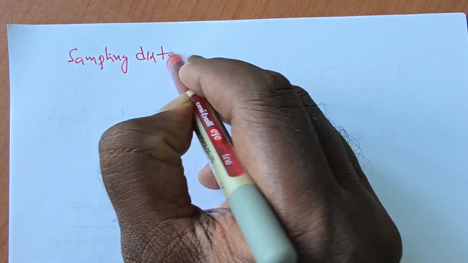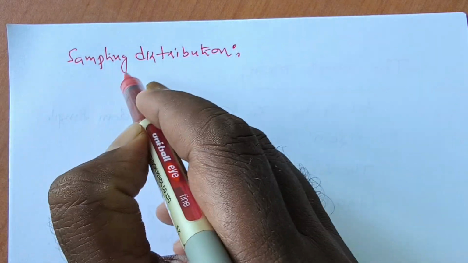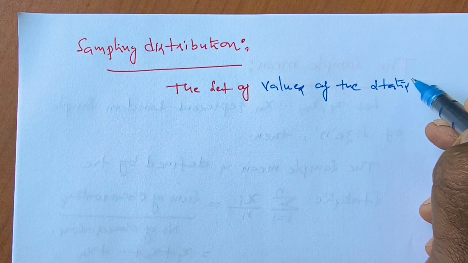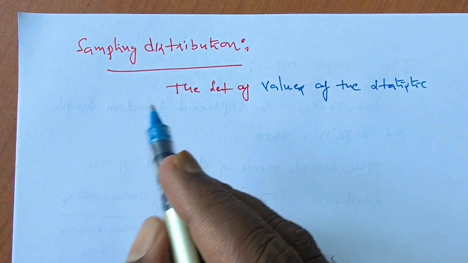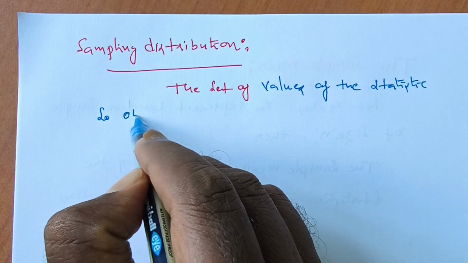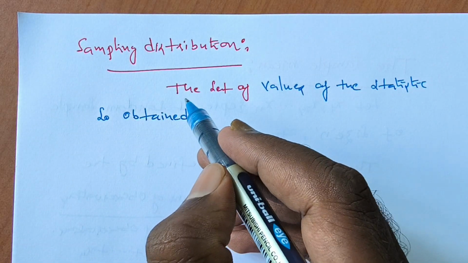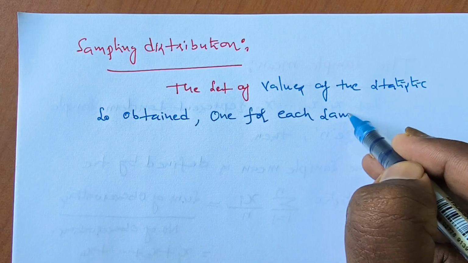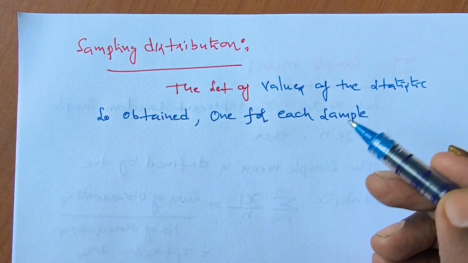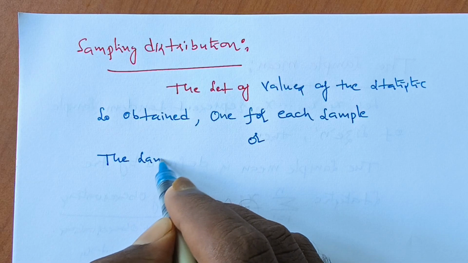Now, sampling distribution. What is sampling distribution? Like a probability distribution, it has a definition: the set of values of the statistics so obtained for each sample.